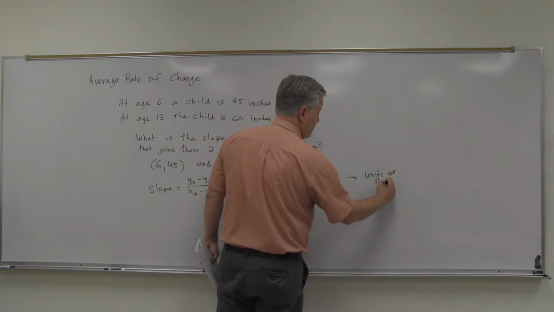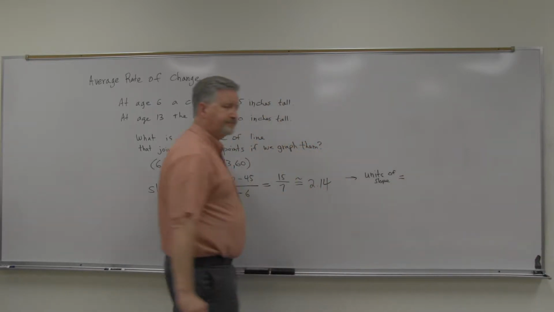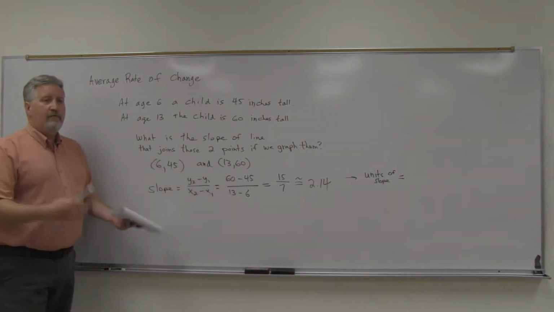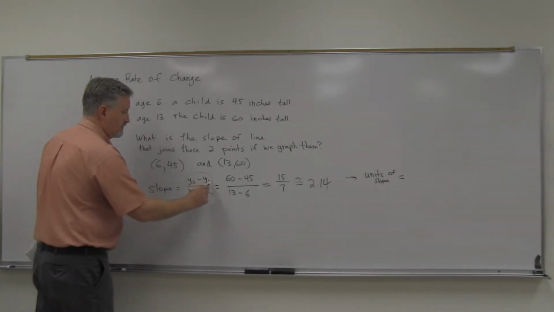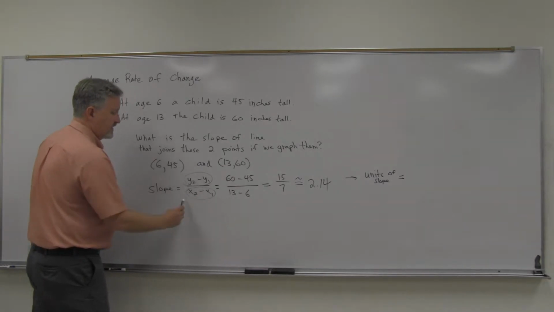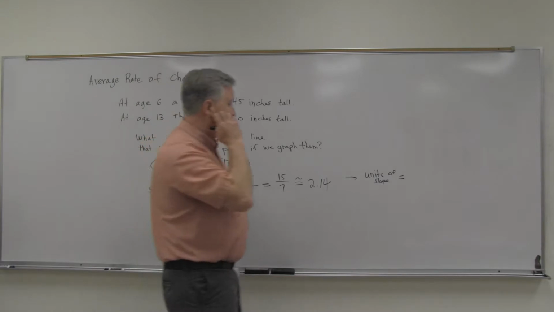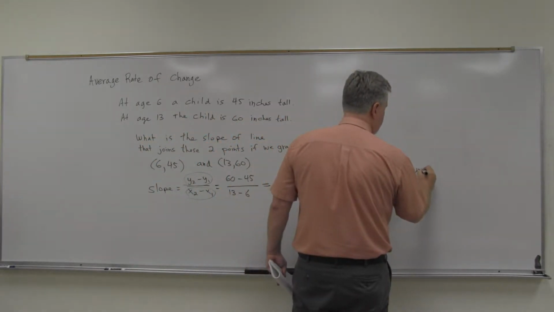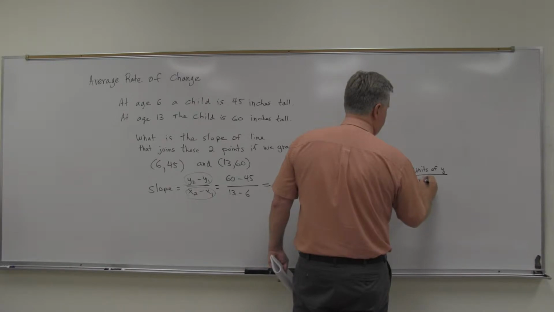In this particular case, look at how we obtained this slope. We took the difference of the y's on the top, and then we took the difference of the x's. And so the units of my slope are just going to be the units of the y divided by the units of the x.